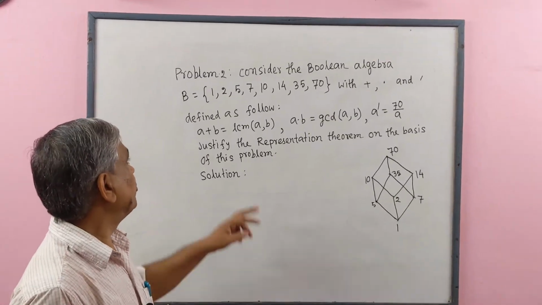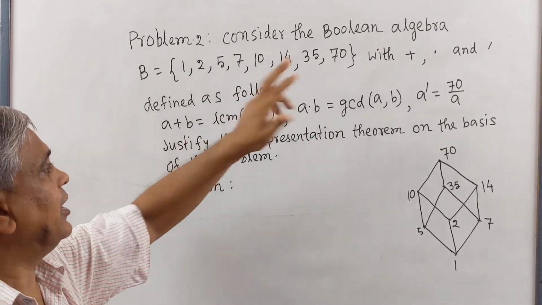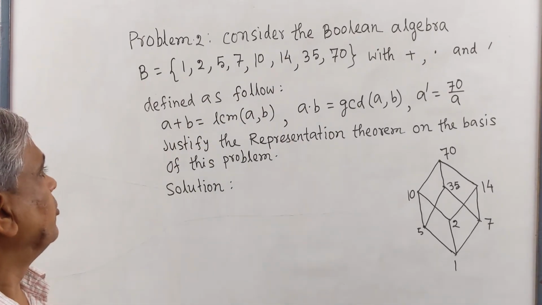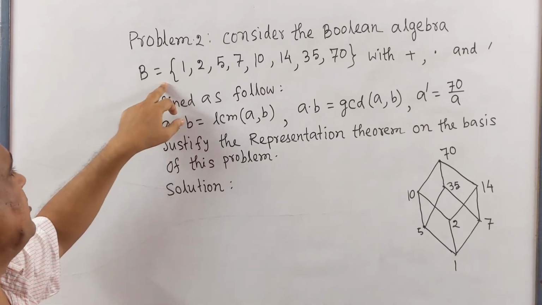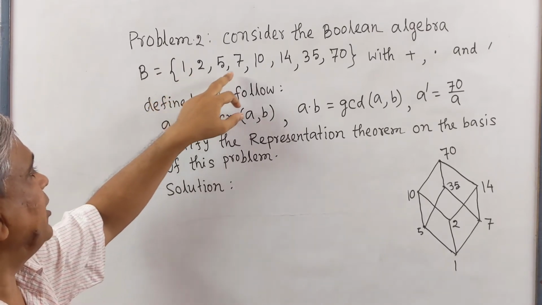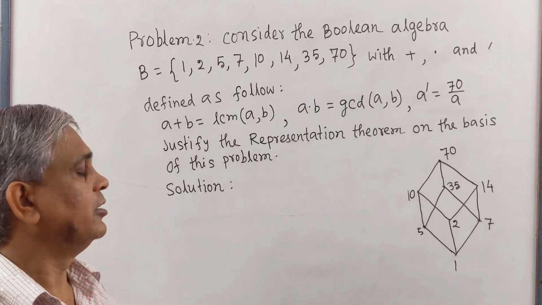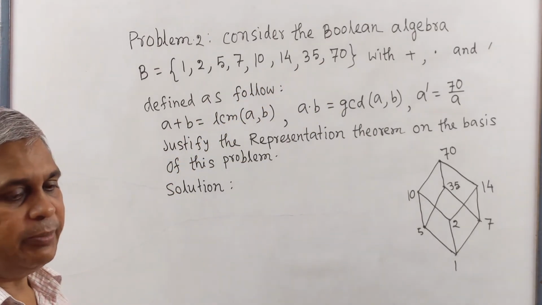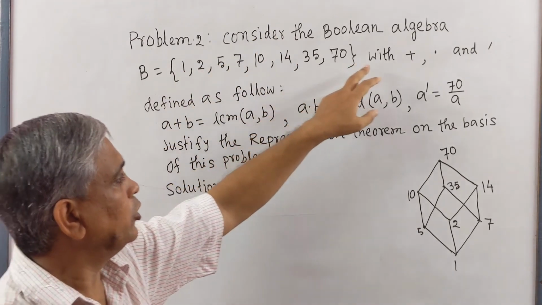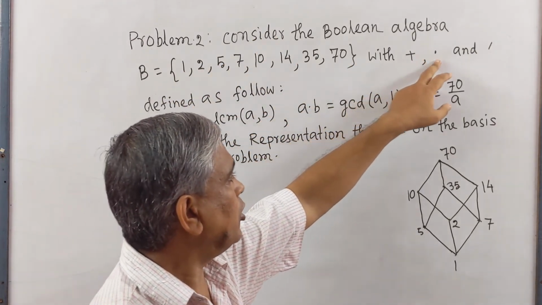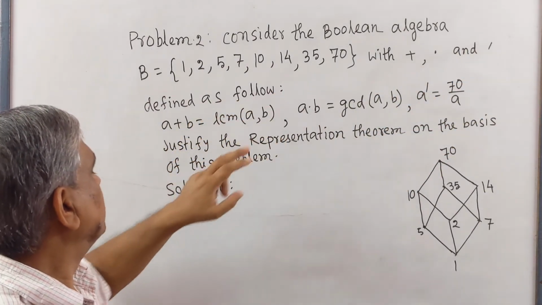Now we solve problem number 2. Consider the Boolean algebra B is a set containing elements 1, 2, 5, 7, 10, 14, 35, 70. That is, the elements are divisors of 70 with plus, dot, complement defined as follows.